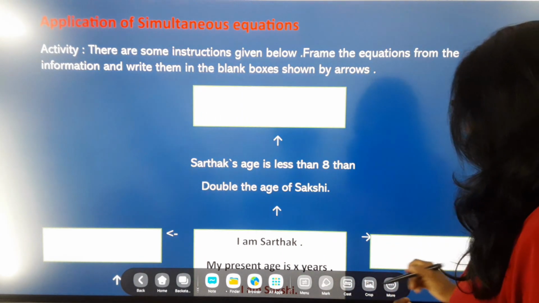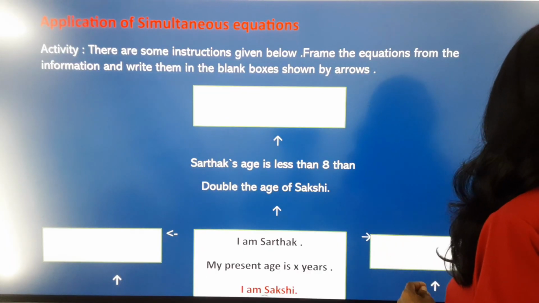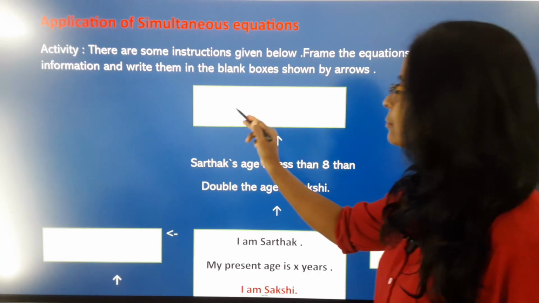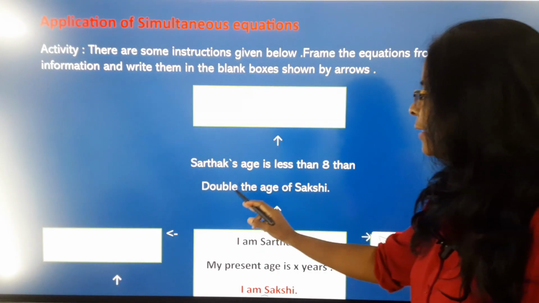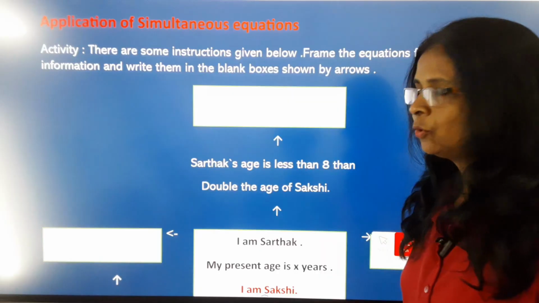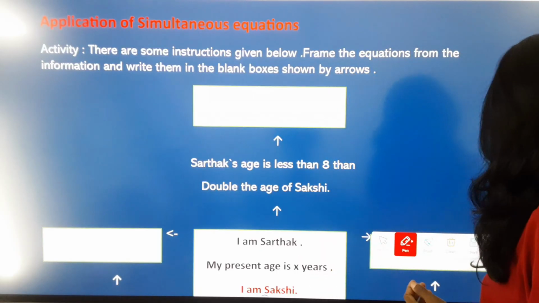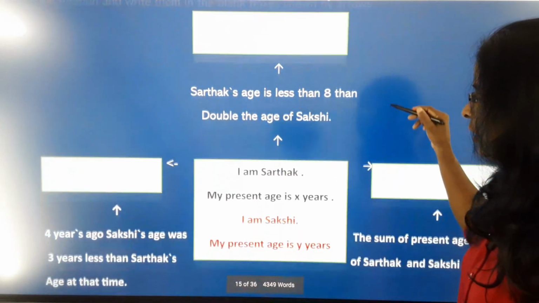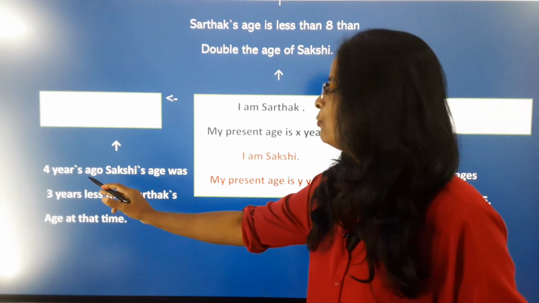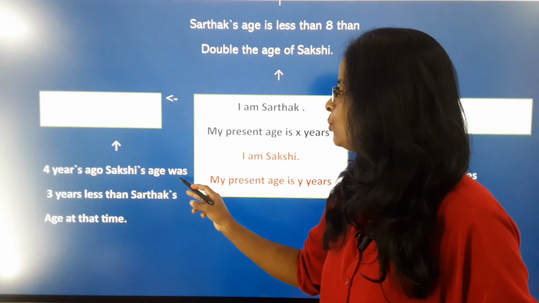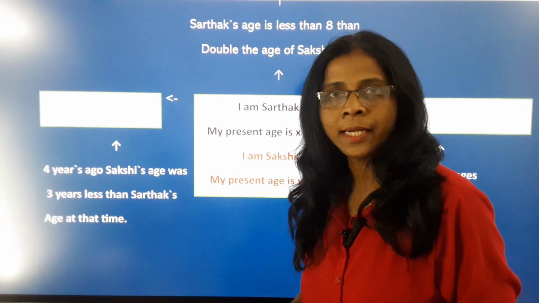Now here students, see, if you consider that Sarthak's age is less than 8, then double the age of Sakshi. This information is given to us. Also, 4 years ago, Sakshi's age was 3 years less than Sarthak's age at that time.